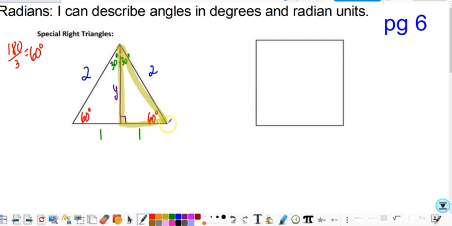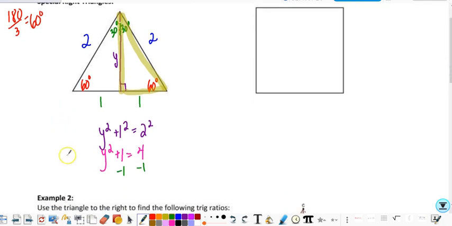So we're going to focus on just this yellow triangle here. So y squared plus 1 squared equals 2 squared. So we got y squared is 3, square root.